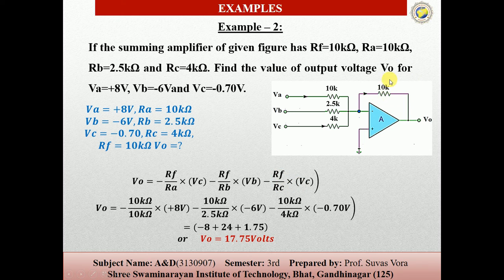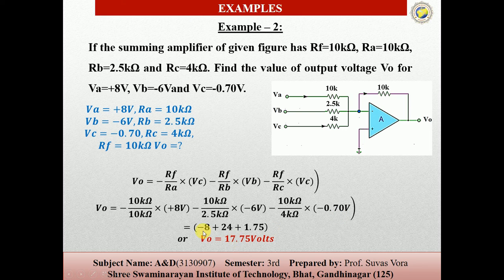Here RF, the feedback resistance, is divided by RA, RB, RC and multiplied by the respective voltages. Putting the values, V0 equals minus RF, which is 10 kilo ohms, upon RA, also 10 kilo ohms, into 8 volts, minus 10 kilo ohms upon RB, 2.5 kilo ohms, into VB, minus 6, then minus 10 kilo ohms upon RC, 4 kilo ohms, into minus 0.7 volts.